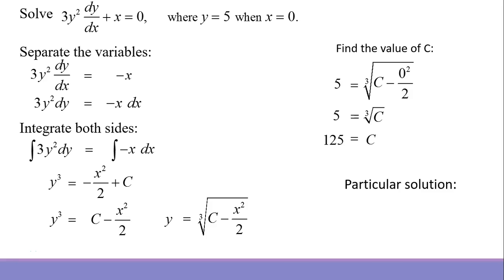So the particular solution of this equation is y equals the cube root of 125 minus x squared over 2. It's the solution of the equation when we have an initial condition, initial values for x and y, which allow us to find a value for the c.